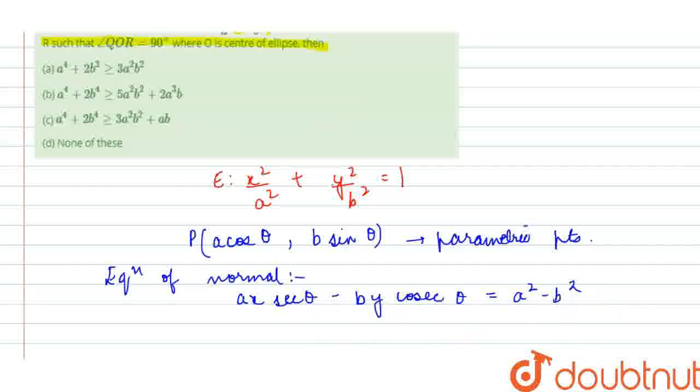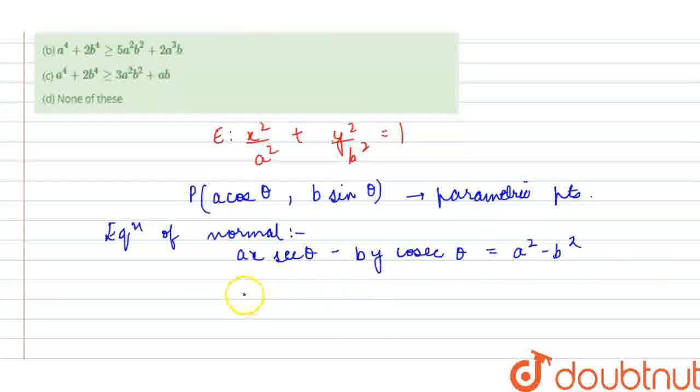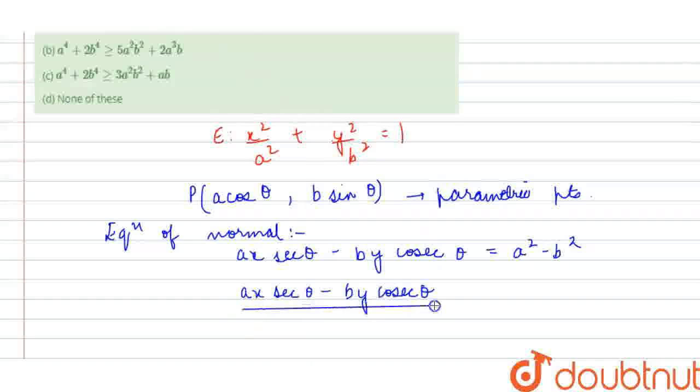I can write it by dividing the whole equation by a square minus b square. So that would be (ax secant theta minus by cosec theta) divided by (a square minus b square) is equal to 1. Let it be equation number 1.